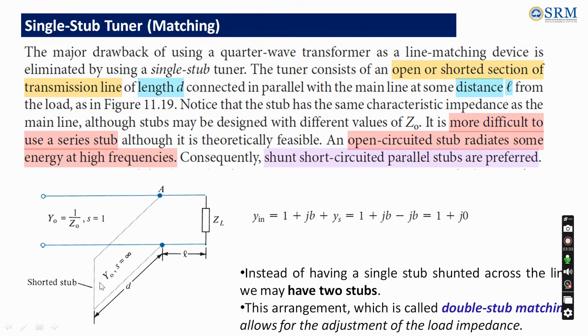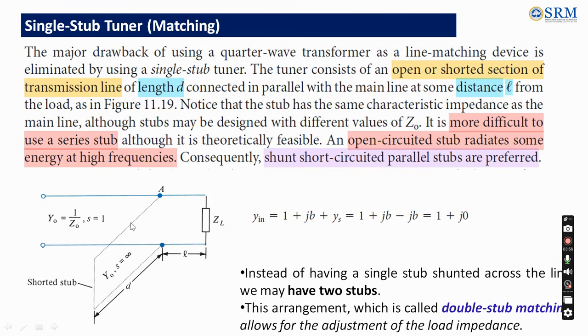So after connecting the stub of a particular length, what happens? The stub admittance is going to cancel this susceptance by providing the negative, opposite susceptance. So totally my input admittance is going to be 1 only. In this way we are going to make ZL equal to Z0.